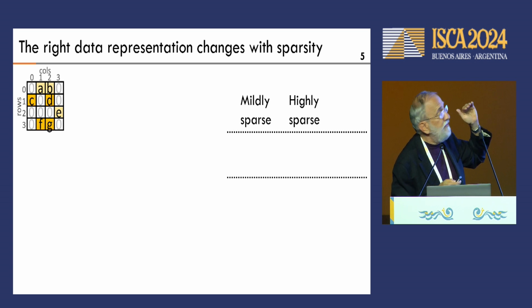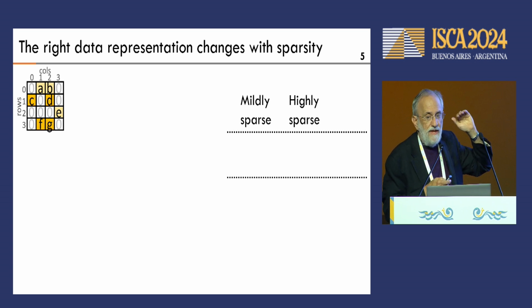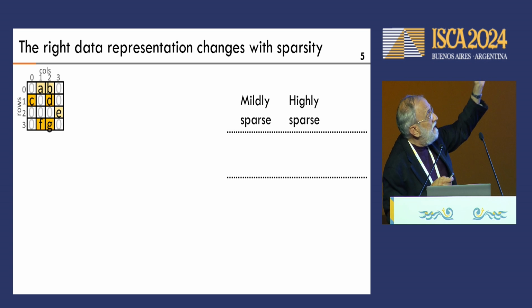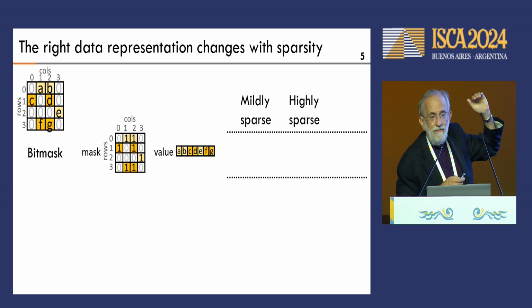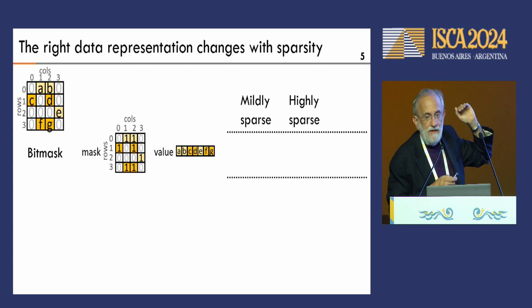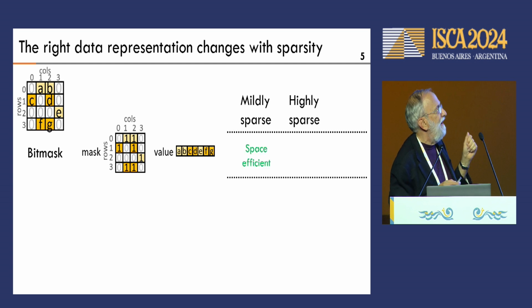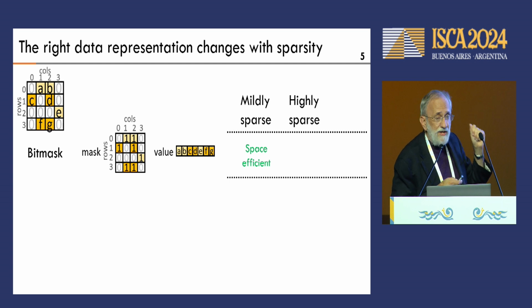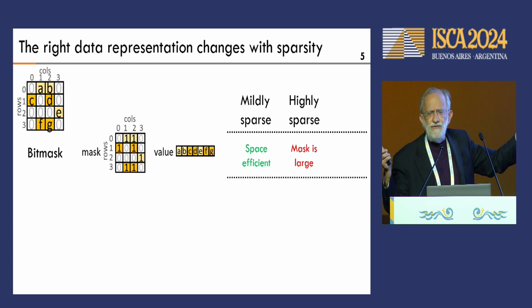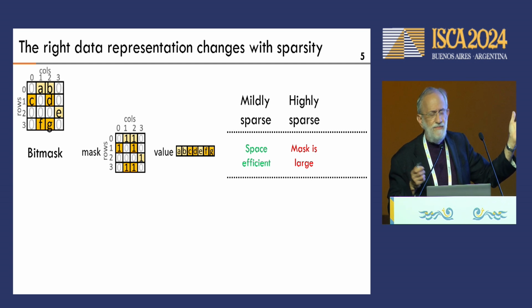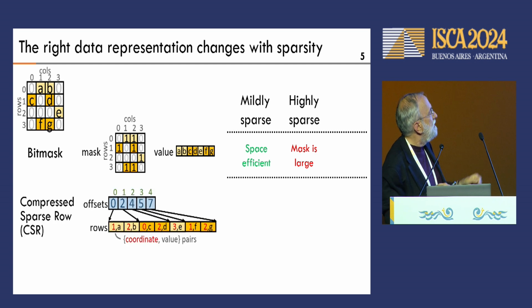The other thing that you have to look at is the data representation. TPU used an uncompressed representation holding all the data. However, if you have sparse data, you might like to use a bit mask, where you have a bit that signifies each value that's there. For mildly sparse data, that's highly efficient. If the data is highly sparse, you have a huge number of zeros in the bit mask, so not a very good situation.